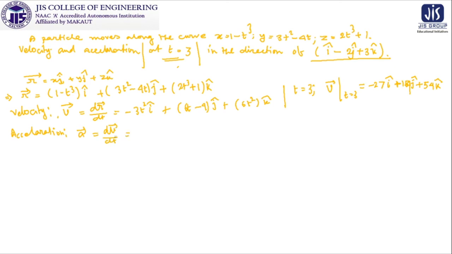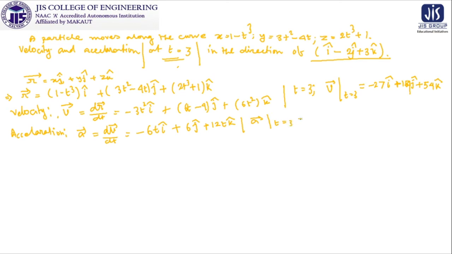As v is already calculated, the calculation of dv/dt is easier: minus 6t i plus 6j plus 12t k.